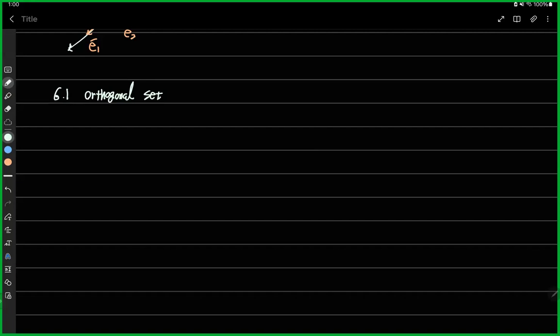So first one, an orthogonal set is a set of vectors u1 through up, let me say p, in R^n space.